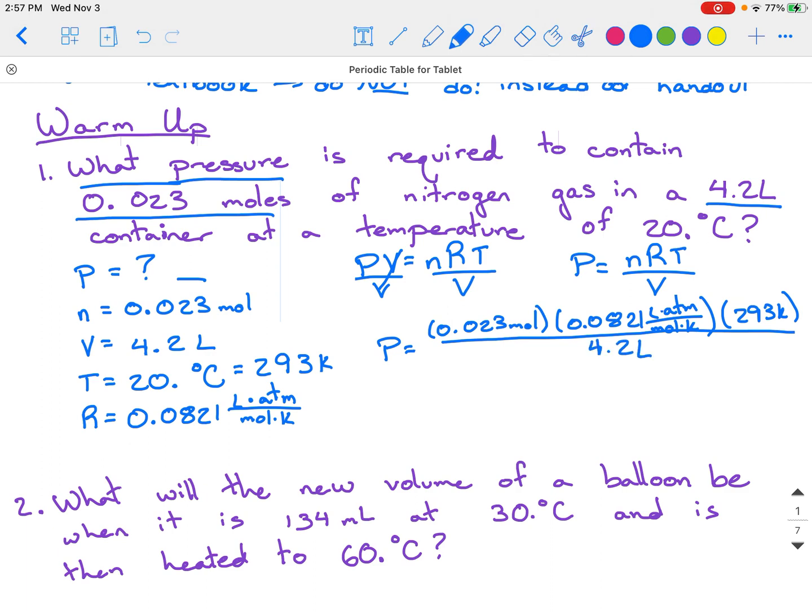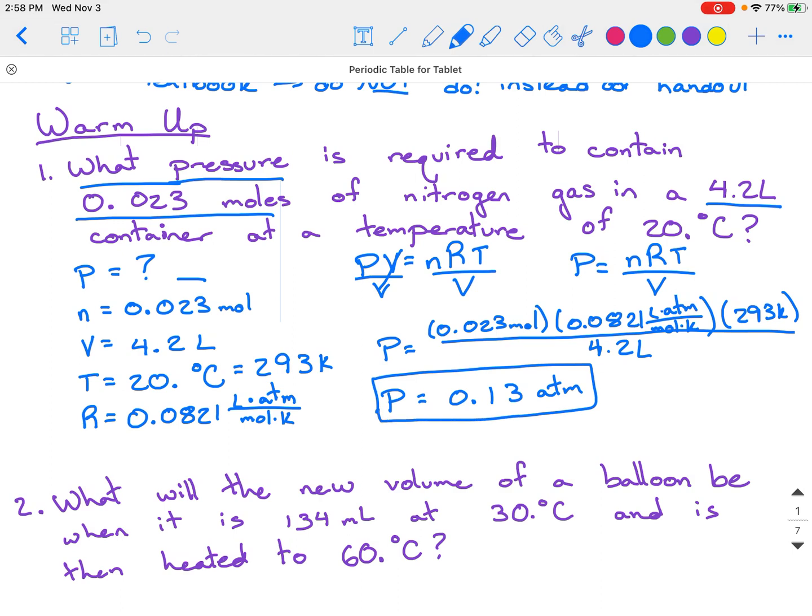I was silly, I forgot to calculate this out ahead of time, so give me 2 seconds to plug this in. All right, this gives me a pressure of 0.1, and then, sig figs, I should have 2 sig figs, so 1.3 atmosphere.